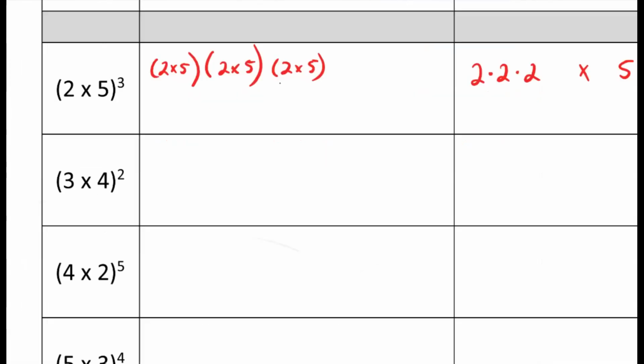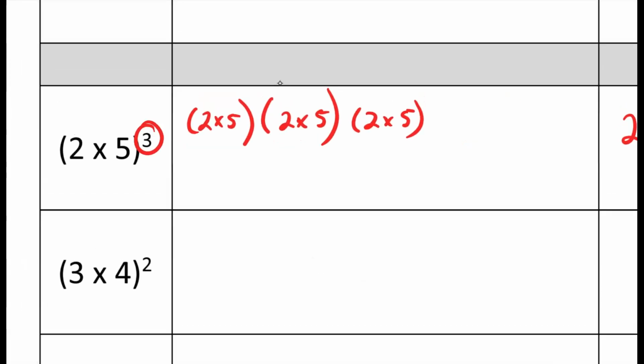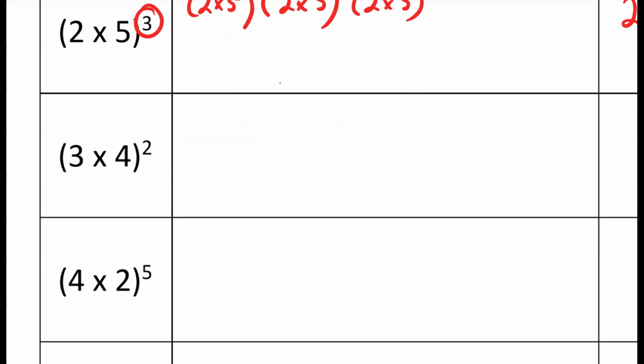So what we're going to be writing down is how many times we have 2, which is going to be to the exponent of 3, multiplied by 5 to the exponent of 3 as well. So that exponent that we had here transfers on to each individual part of that multiplication.